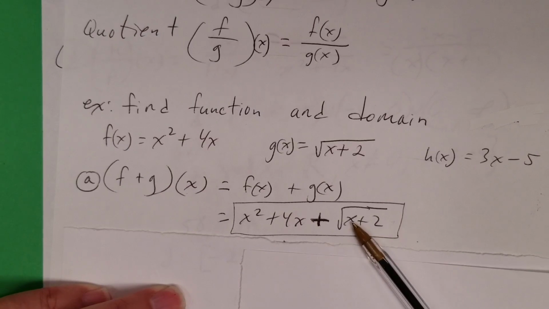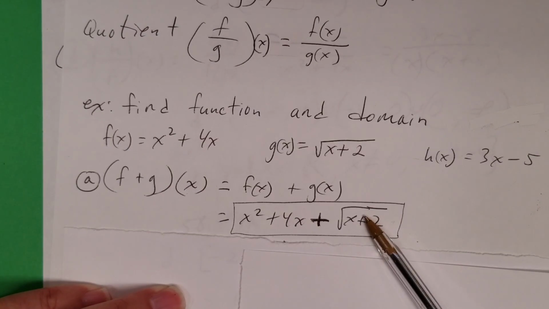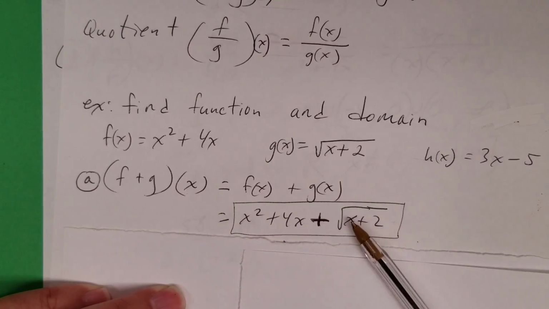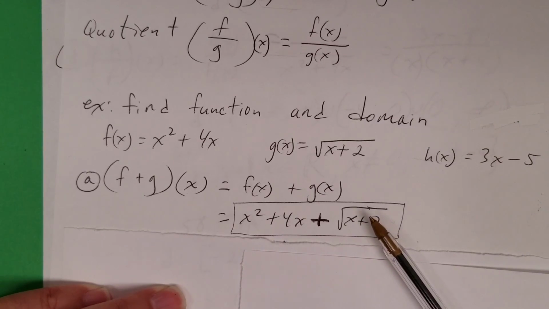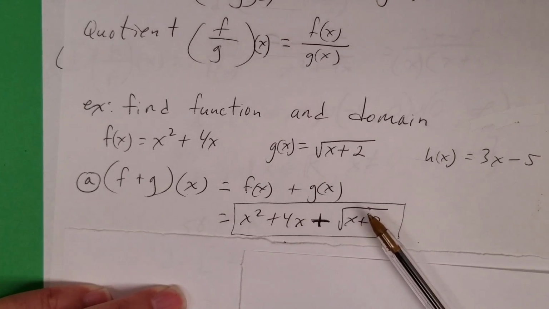Negative 2 for x would make it 0, and 0 is fine. So when you get lower than negative 2, like negative 3, negative 4, negative 5, negative 6, plus 2, that comes out to negative. So negative 2 is like the borderline. Anything over negative 2, including negative 2, is okay. Anything less than negative 2, not okay.